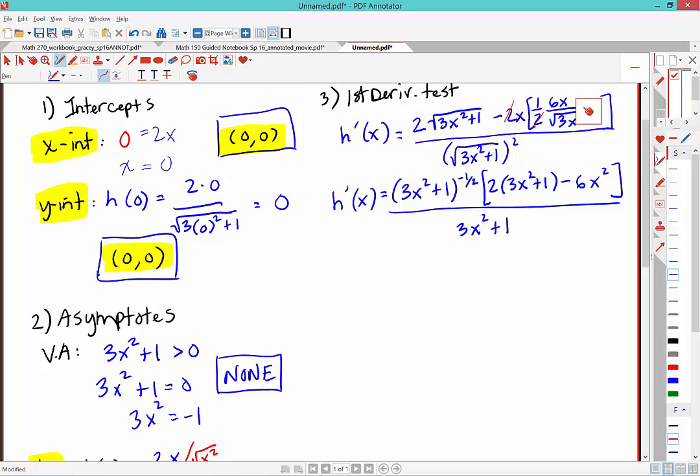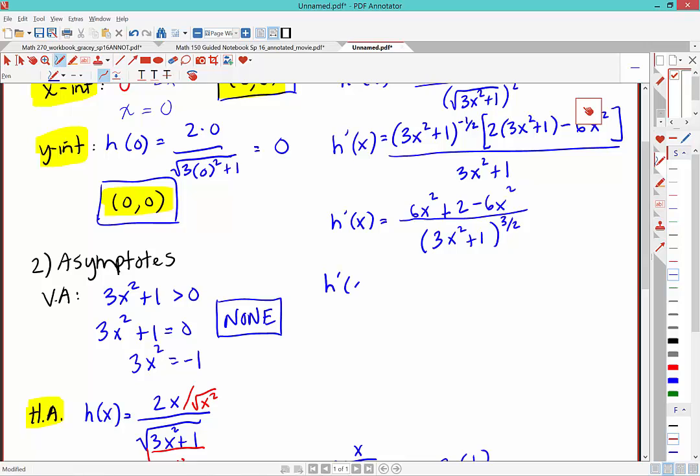So now h prime of x will be, we'll drop down that 3x squared plus 1 to the negative 1/2, and that'll give us 3x squared plus 1 to the 3/2. And then in the numerator, we'll have 6x squared plus 2 minus 6x squared.